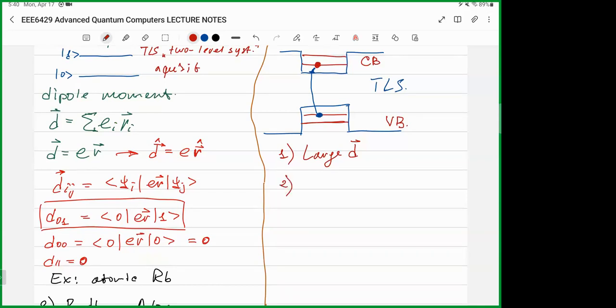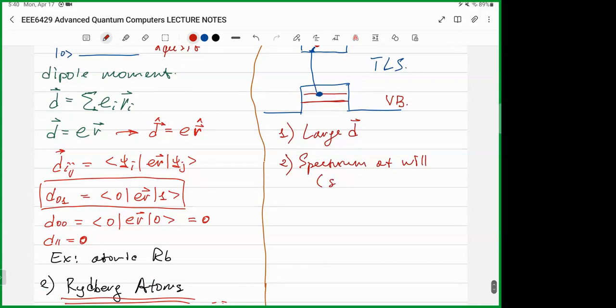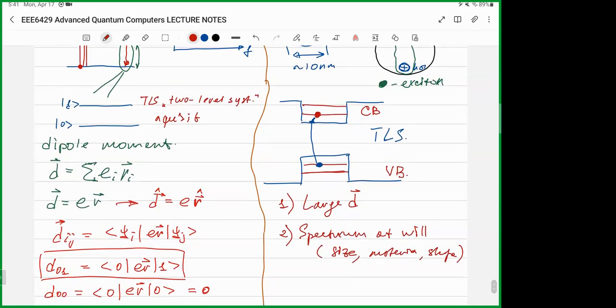And the second point is that the energy spectrum of this state can be tuned or tailored at will by changing the size, material, shape, etc. So basically you can fabricate such a structure and change the size, the shape, the material of the structure.